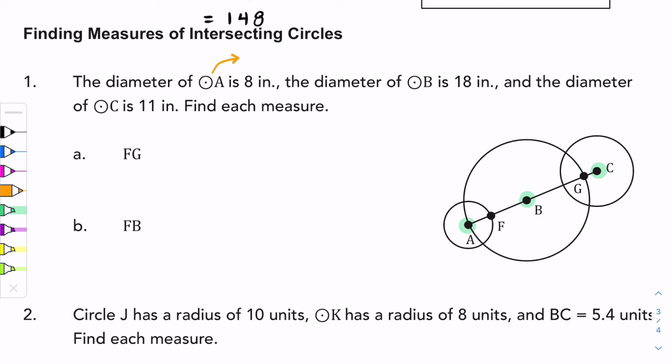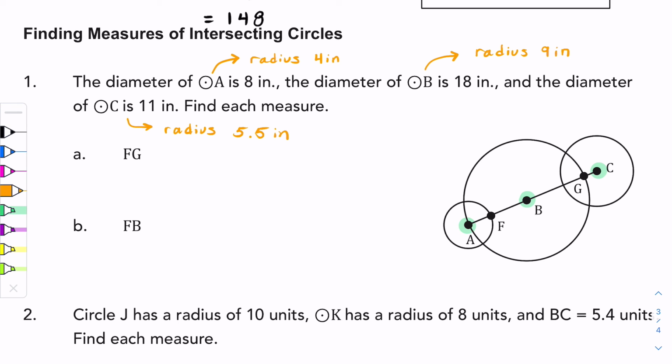If the diameter of circle A is 8, that means the radius is 4 inches. If the diameter of circle B is 18, then the radius is 9 inches. And circle C, the radius would be 5.5 inches.